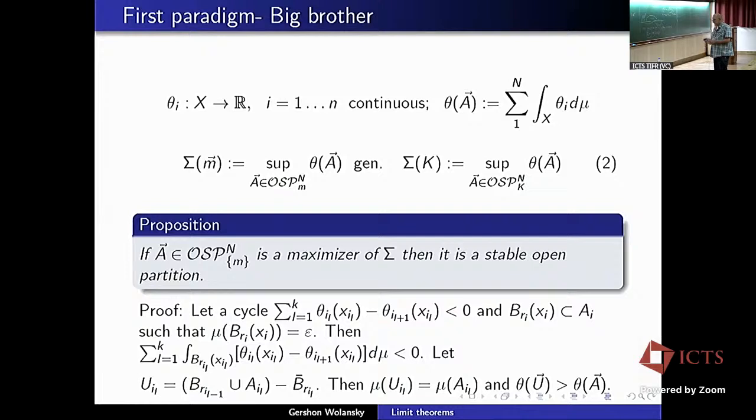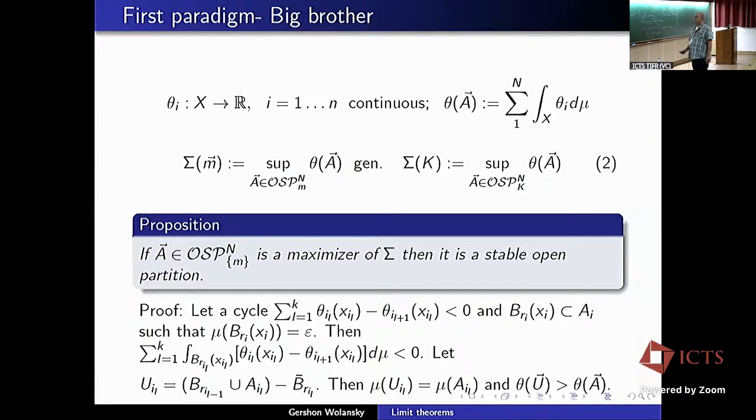So we can find small balls around each point xi in AI, such that the ball is still in AI, and the mu measure of this ball is epsilon. Epsilon is fixed and small. And then because of the continuity of the function, we can guarantee that this sum over the integral of the small balls is also negative, right?